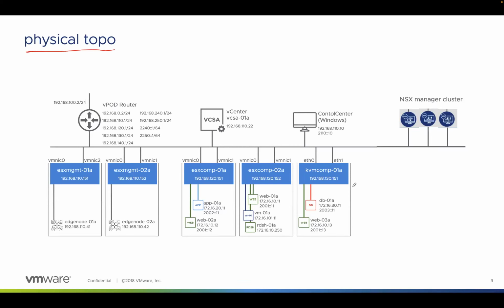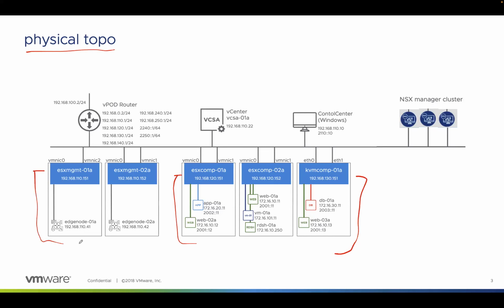So we're going to talk about physical topology. There are 5 machines right here, so we have to break them into 2 parts. One part is a compute cluster. You need to create a compute cluster including the 3 ESXi hosts in vCenter.